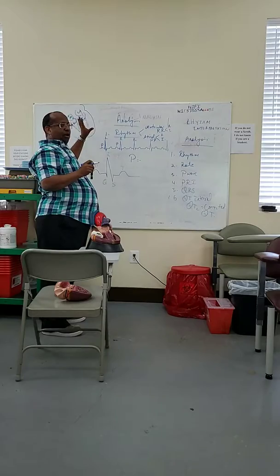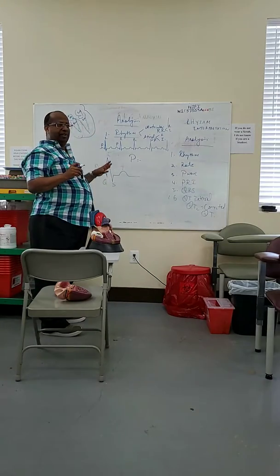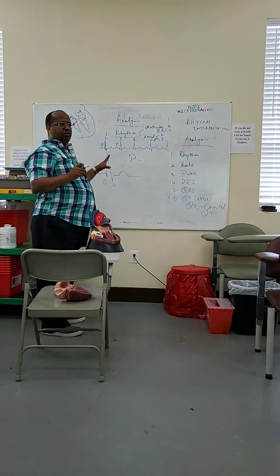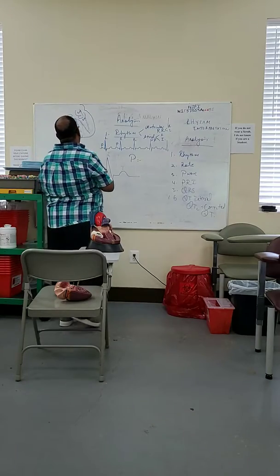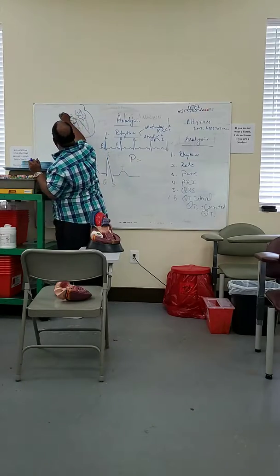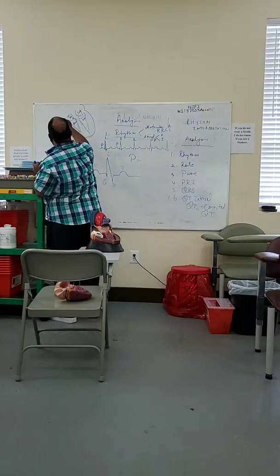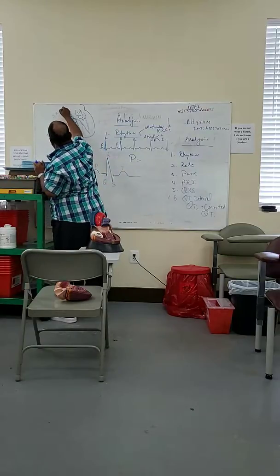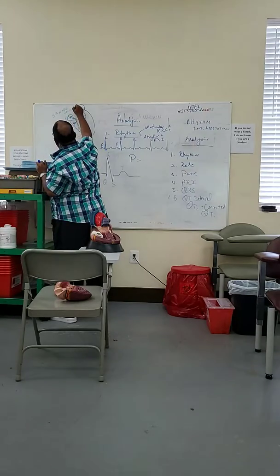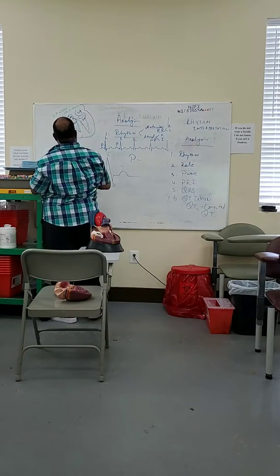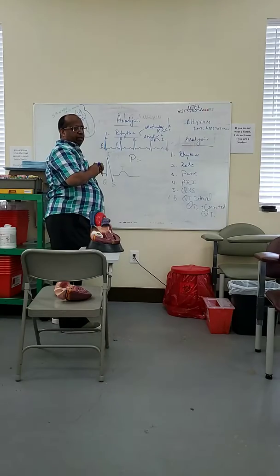Yes, so we have 5 electrical pathways that are very important for the transmission of the electrical impulse in the heart. So one is SA node, which is found in the right atrium. SA node. So that is also called the pacemaker. Okay.